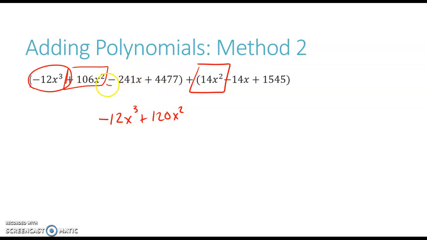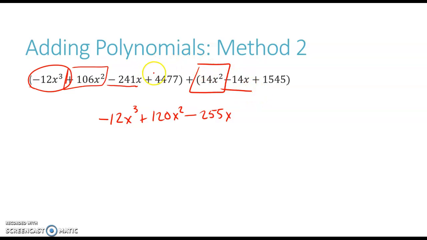And then we have a negative 241x with a negative 14x, so that means we're going to have a negative answer. 241 plus 14 is 255, so we end up with 255. Oops, I wrote 225 instead of 255. Negative 255x. And again, I added them because they're both the same sign, so you add and keep the sign.